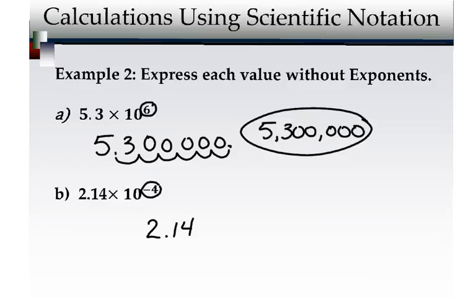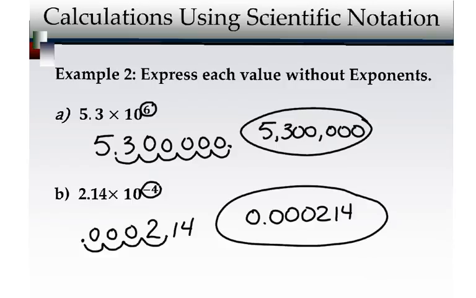So over 4 decimal places, 1, 2, 3, 4. There goes my decimal. Fill in with zeros. Rewrite the number. So 0.000214. That is our solution to this.